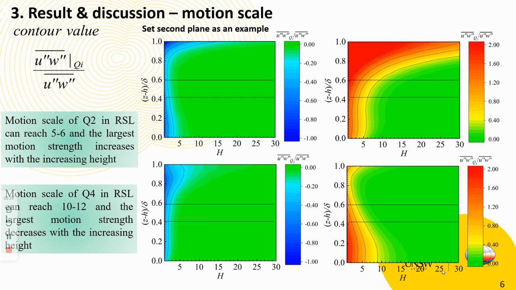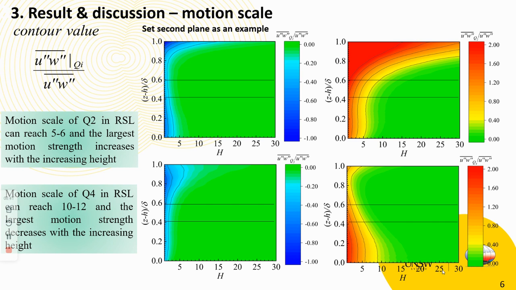From this figure, we can see that the momentum transport efficiency is larger in Q4 in the RSL.